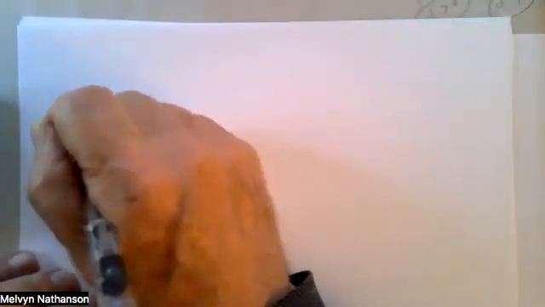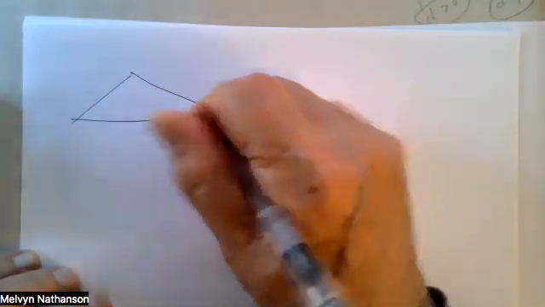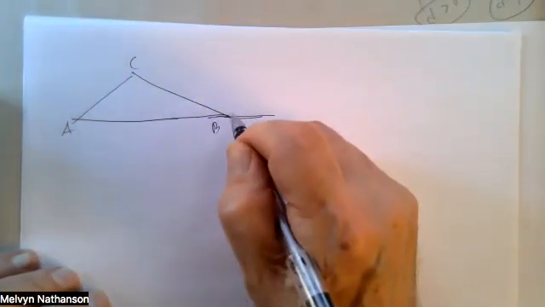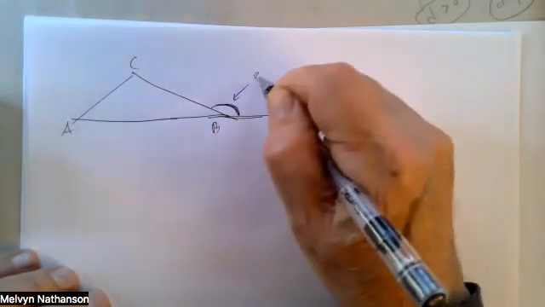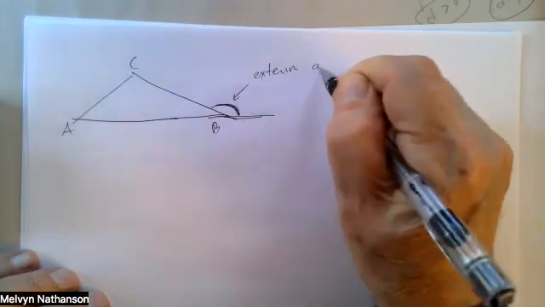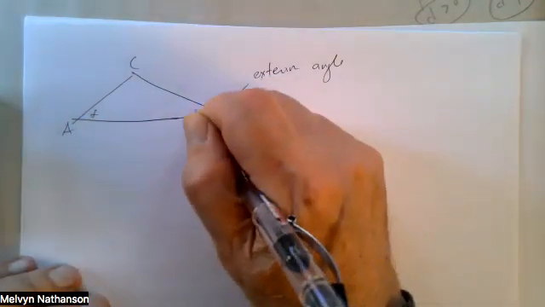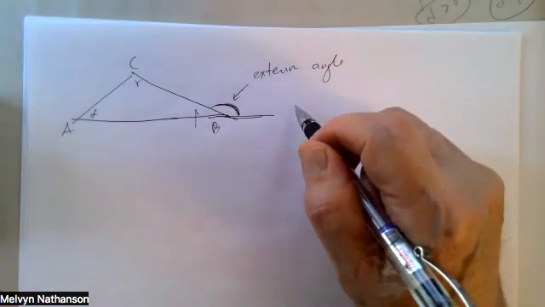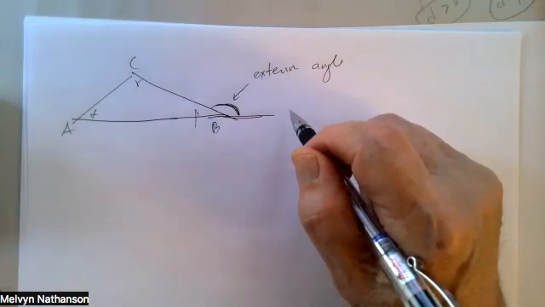There's another theorem in book 1, which says if you have any triangle, say A, B, C, if you extend one of the sides and look at this angle outside the triangle, this is an exterior angle. So if these angles are alpha, beta, and gamma, there's a theorem in Euclid, which is worked out as well in the text.